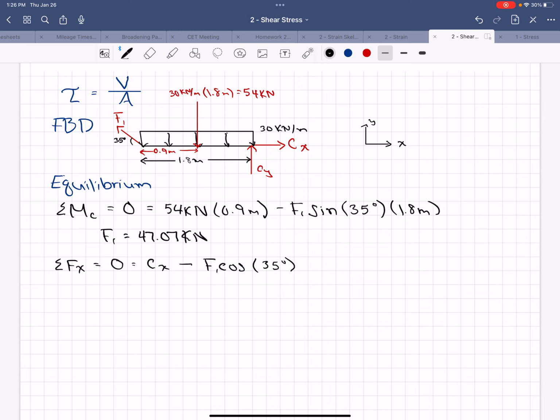And I know that F1 is 47.07, so that leaves me with a Cx equal to 38.56 kilonewtons.